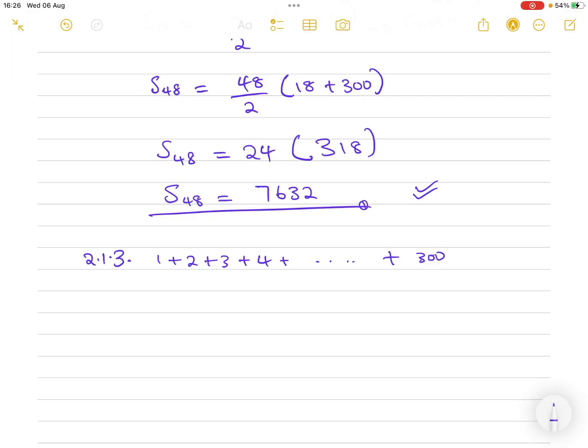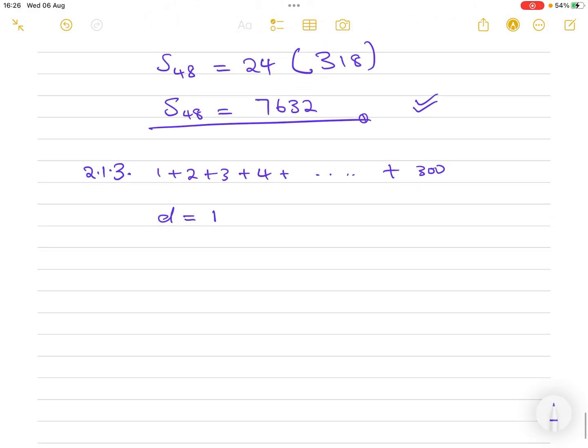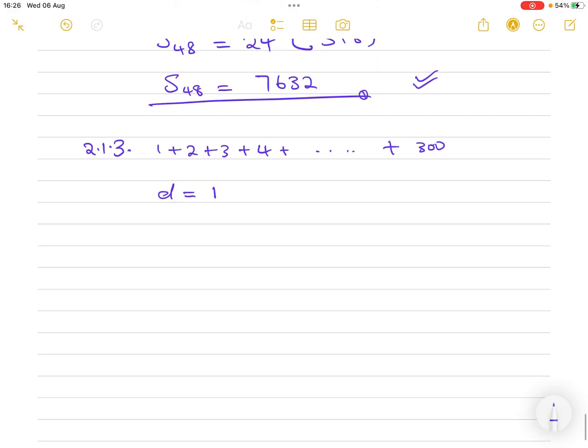If you look carefully, the common difference, which is d, is equal to what? 1, because t3 minus t2, t2 minus t1, gives 1. That means we are working with an arithmetic series.